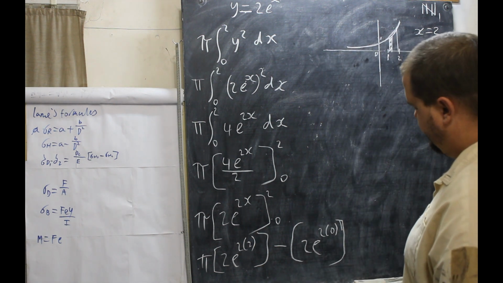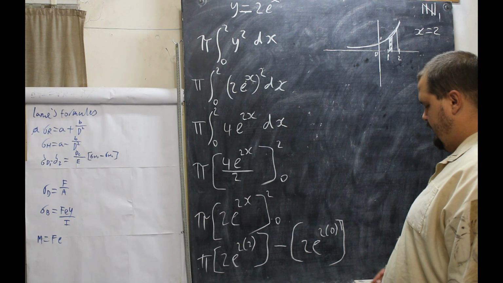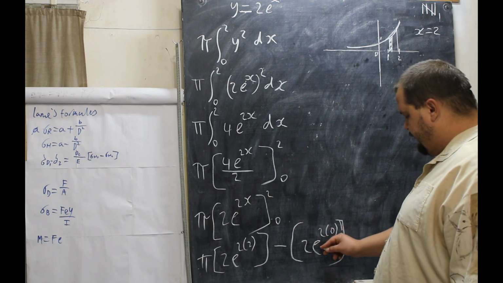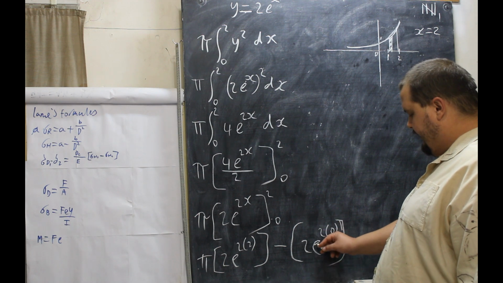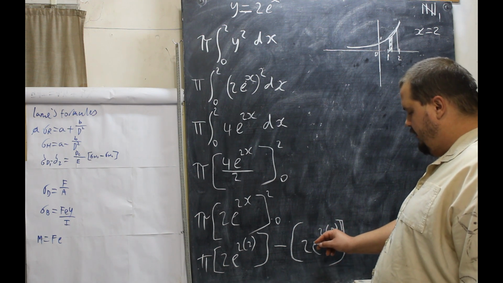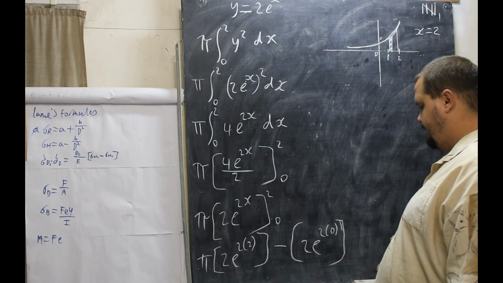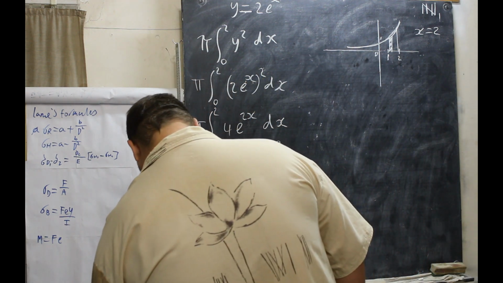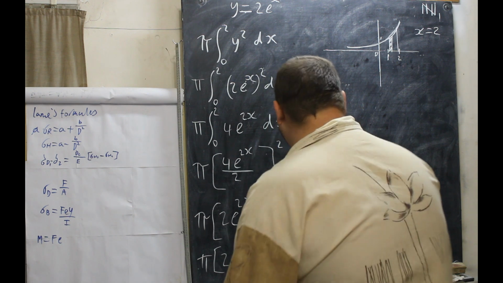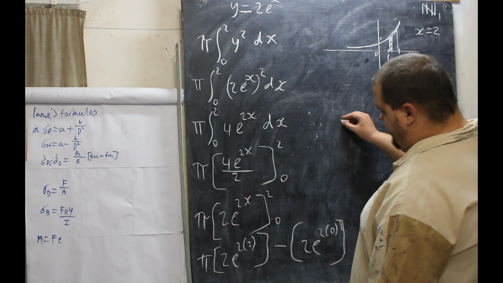Okay, let's go with it. This will be 2, because 0 times 2 is 0, e to the 0 is 1, so 1 times 2 is 2, minus 2.